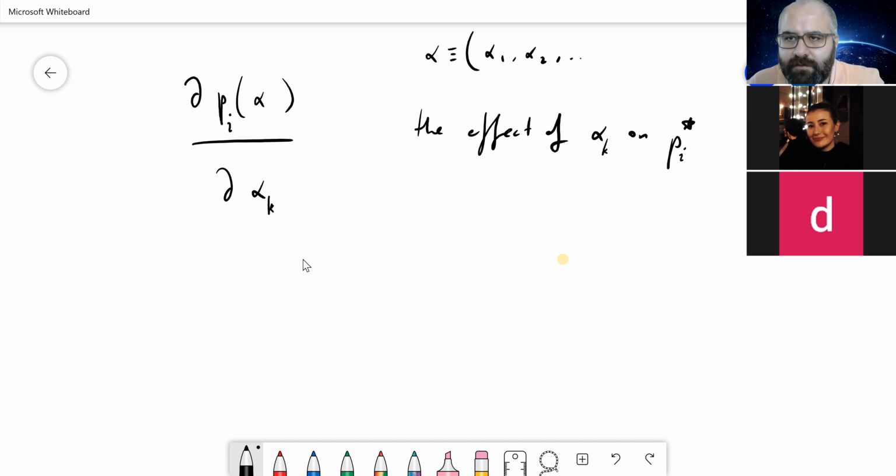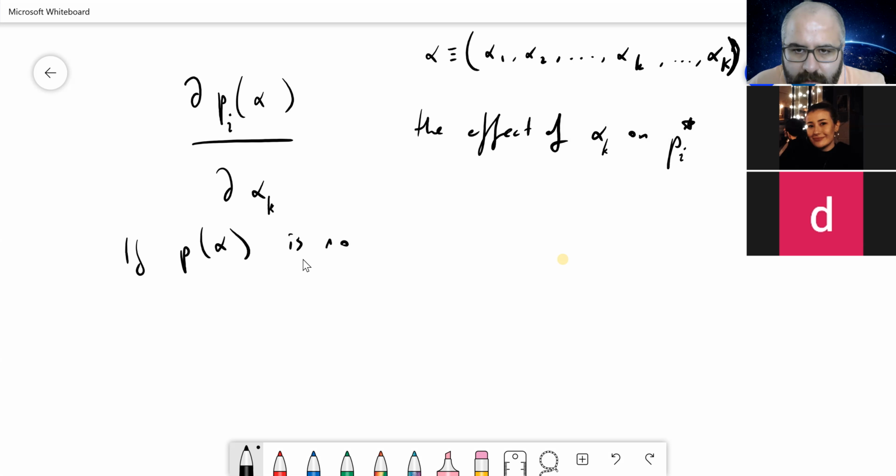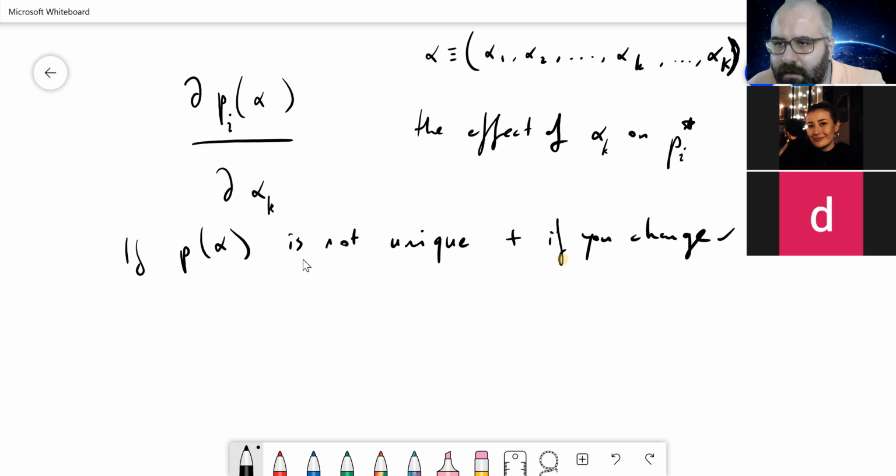Alpha 1, alpha 2, dot, dot, dot, alpha k, dot, dot, dot, alpha capital K. Now, if you have multiple equilibria, if equilibrium is not unique, plus if you change alpha, right? Because you are changing alpha here. That's a problem. How?